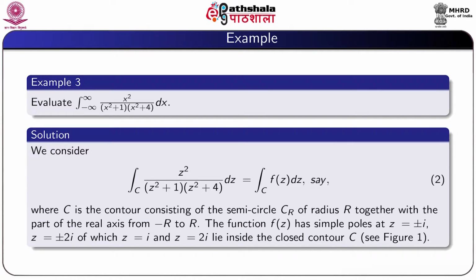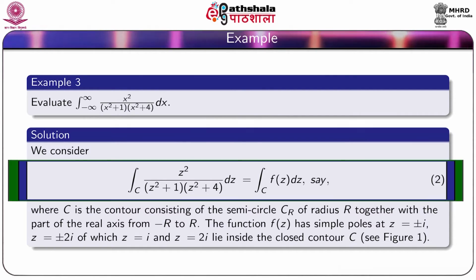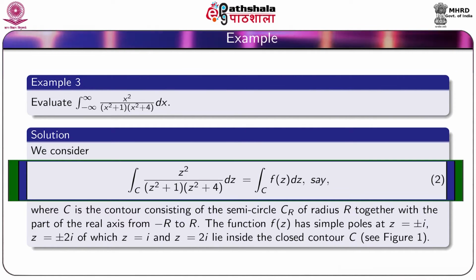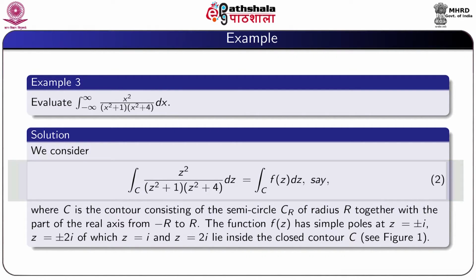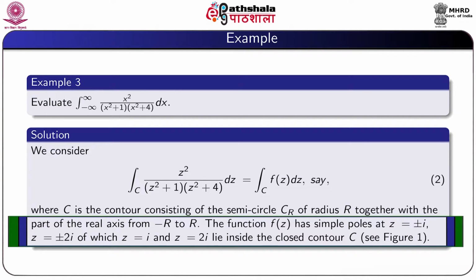So now we consider an example: evaluate the integral from minus infinity to infinity of x² / ((x² + 1)(x² + 4)) dx. So we consider the integral over C of z² / ((z² + 1)(z² + 4)) dz, which is equal to the integral over C of f(z) dz, where C is the contour consisting of the semicircle C_R of radius R together with the part of the real axis from −R to +R.